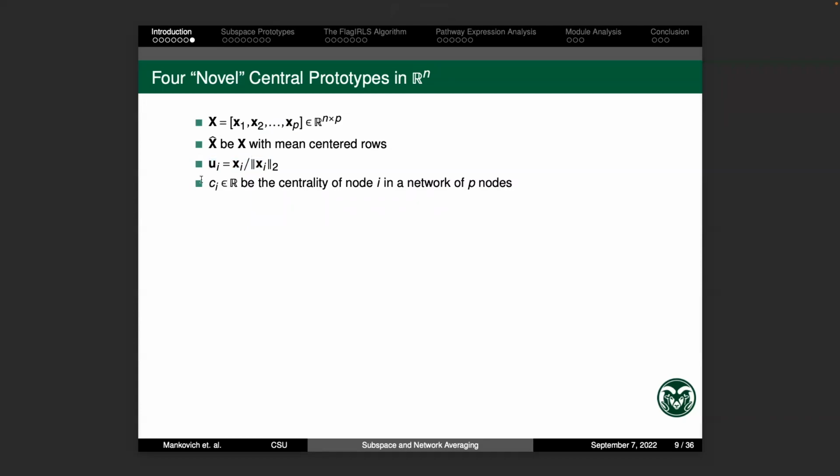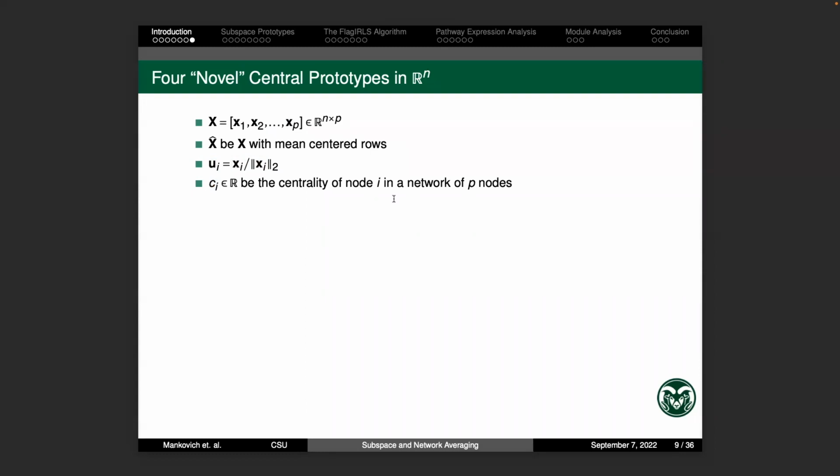Okay, and then this is a bit hectic, but essentially I'm going to take these scalars Ci, which are going to be associated with each one of the points. And they're really the centrality of each of these P points in a network of these points. So we can talk about how to generate a network from data.